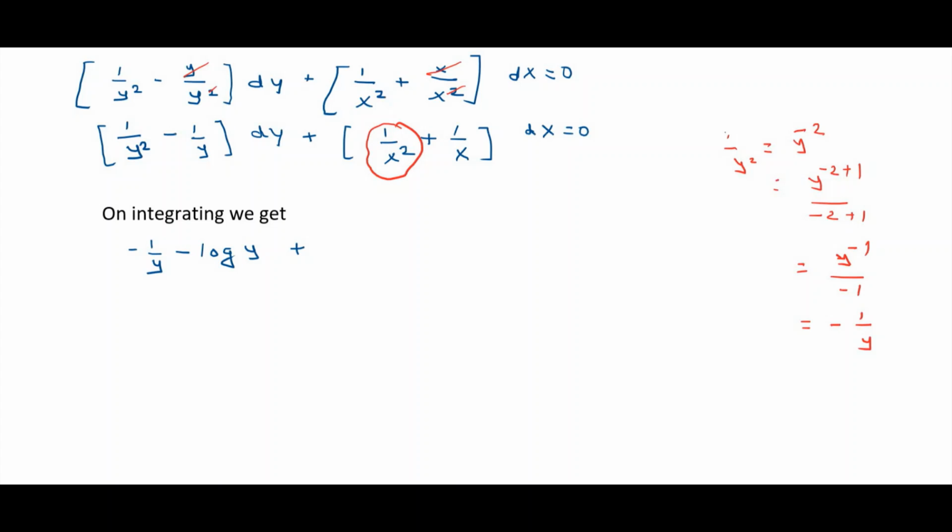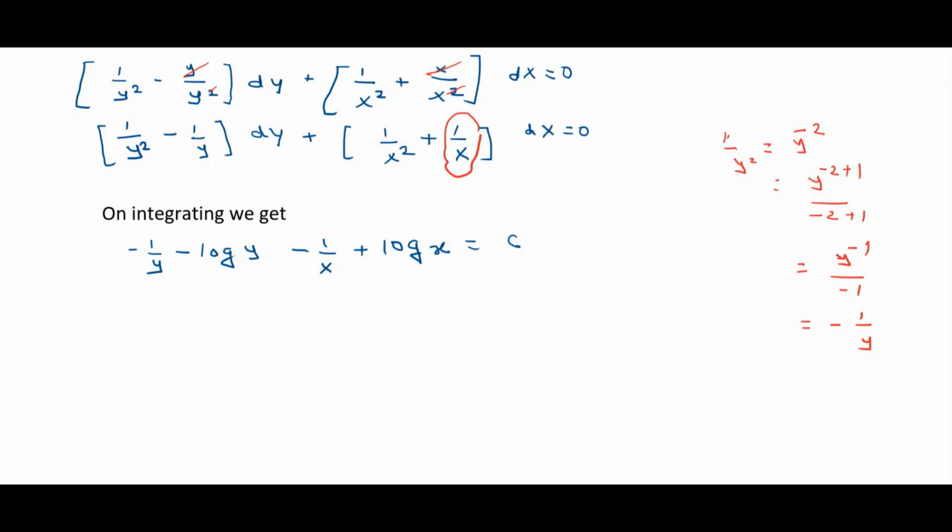Integration of 1 by x square is minus 1 divided by x, plus what is the integration of 1 divided by x? The integration of 1 by x is equal to log x, and the integration constant is c.